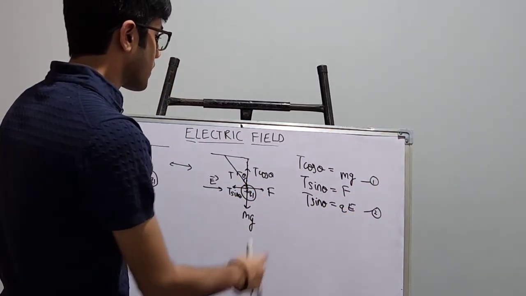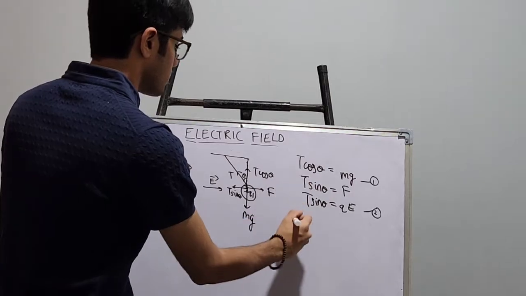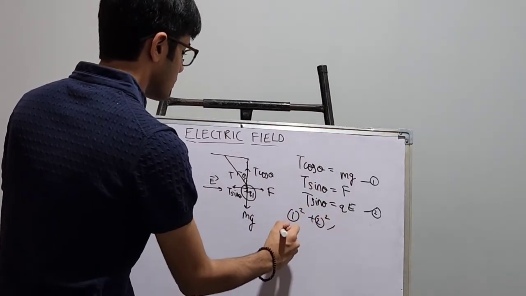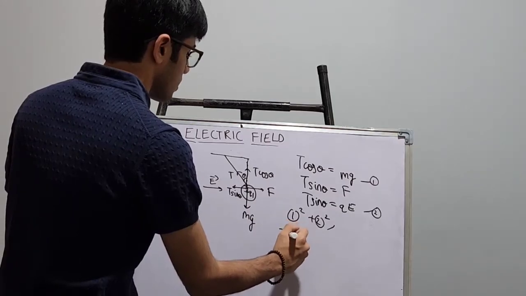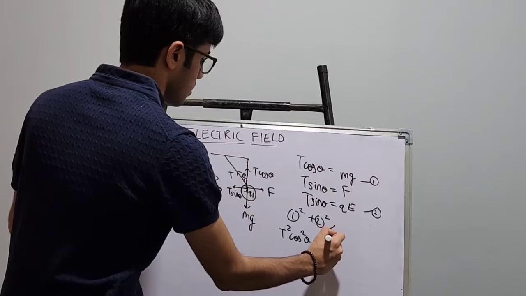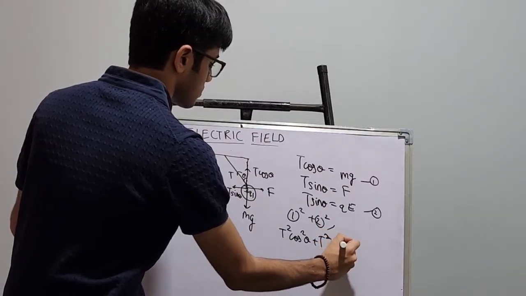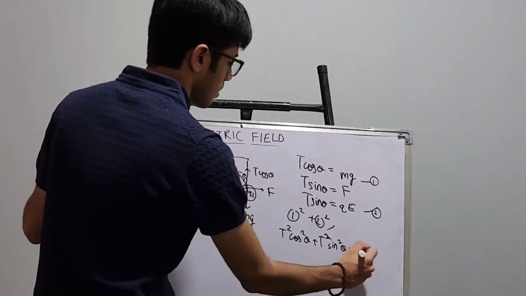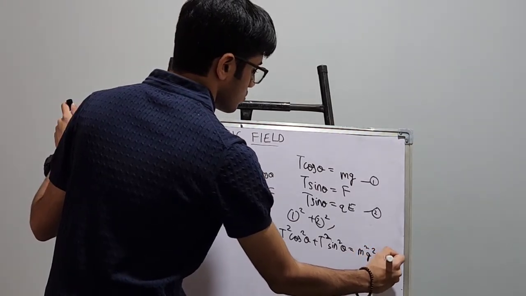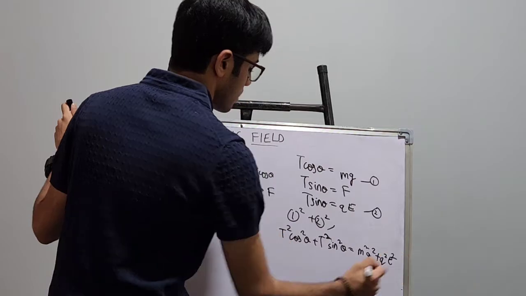Now suppose we need to find tension T. So what we can do is we can square and add these two equations. So we would get T square cos square theta plus T square sin square theta is equal to m square g square plus q square e square.